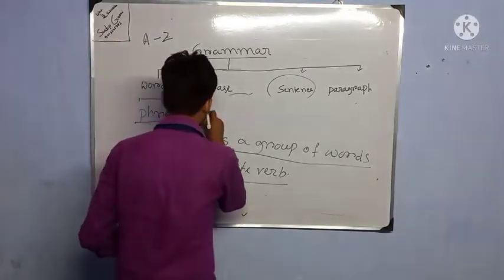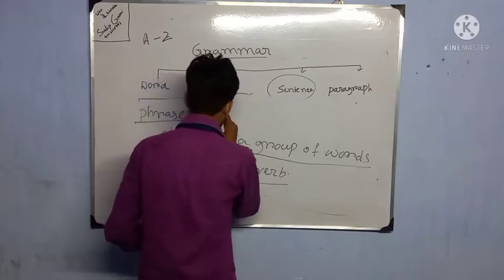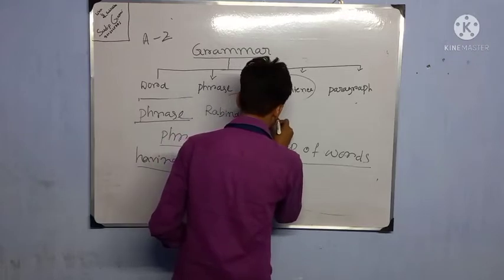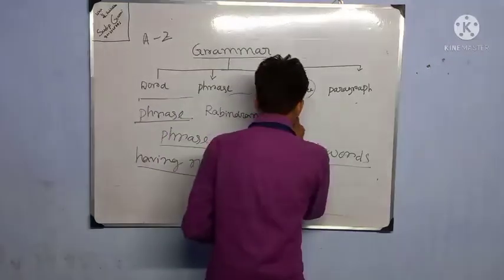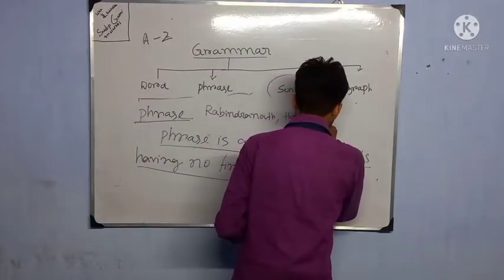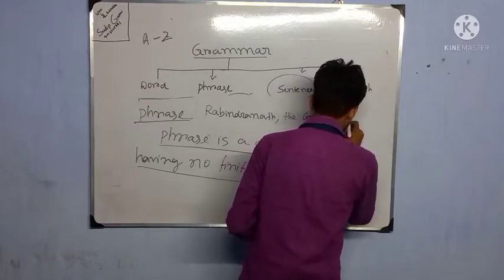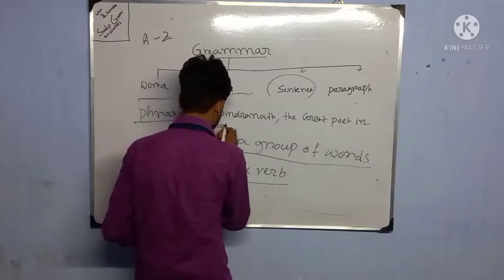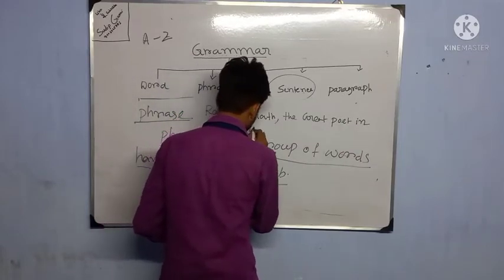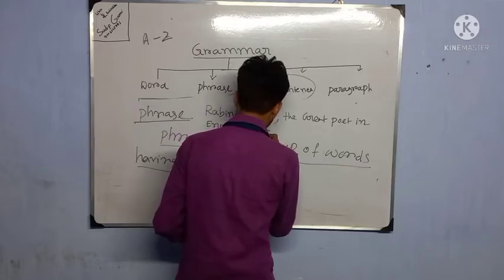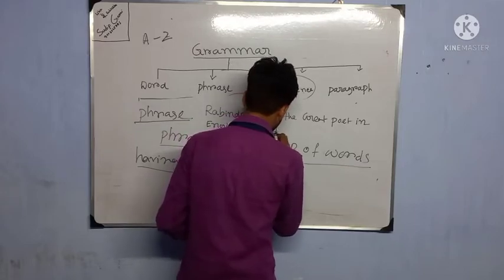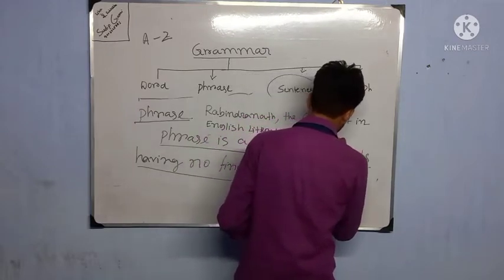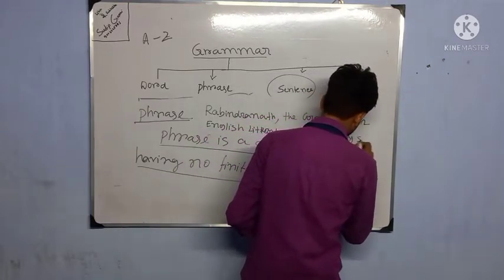So look at a very easy example. Rabindranath, the great poet in English literature, wrote many sonnets.